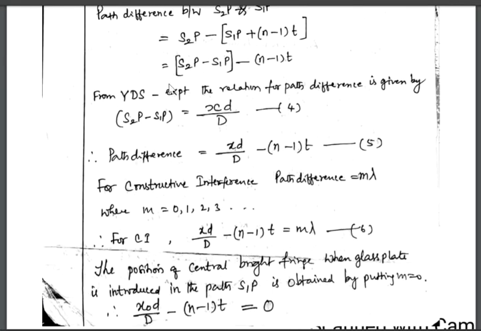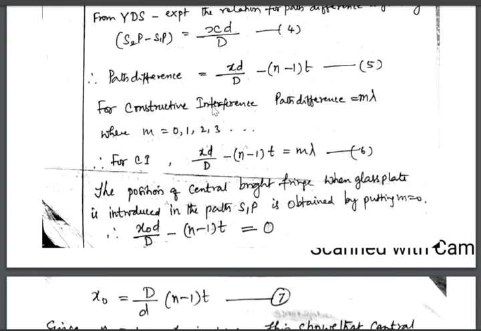From Young's double slit experiment, the relation for path difference is S2P − S1P = x·D/d. Now substitute this. Therefore, the net path difference is xD/d − (N − 1) × T. For constructive interference, the path difference should be an integral multiple of wavelength lambda, that is mλ, where m is 0, 1, 2, 3, a positive integer.